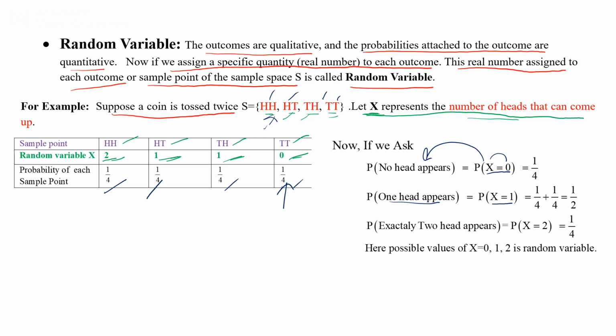So one head appears in two cases, this one or this. So we add 1 by 4 and 1 by 4. And if we say x is equal to 2, it means exactly 2 heads appear. So there is only one case and the probability of this is 1 by 4. So here we assigned 0, 1, 2 as the random variable values.